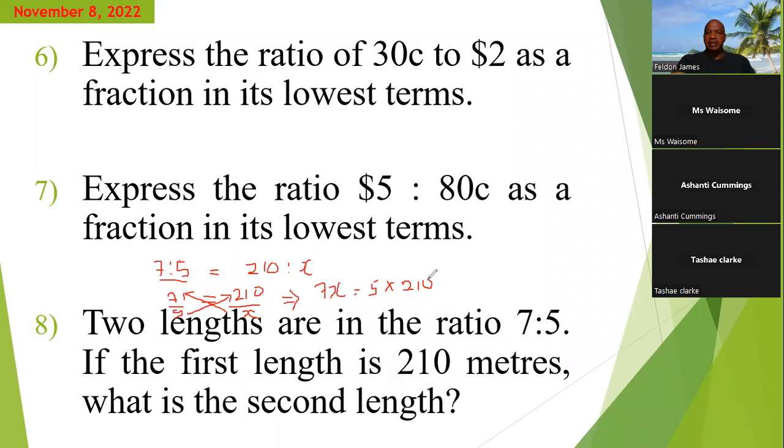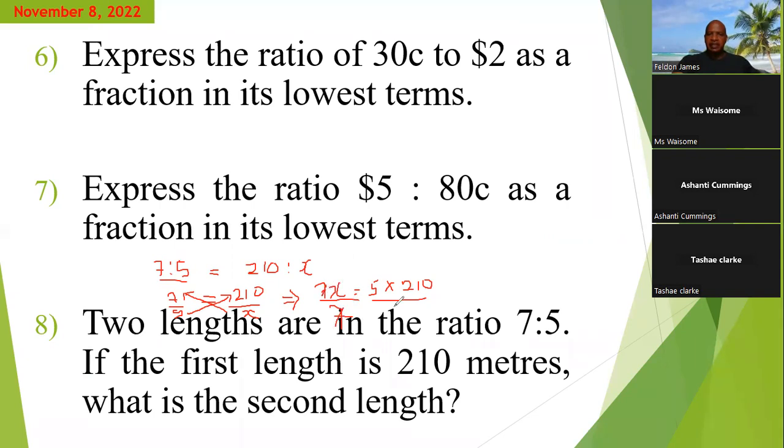All right. So now to get rid of the 7, we would have to do what? We divide both sides by 7, sir. So to make x the subject, we divide both sides by 7. And so the 7 on the left will cancel.